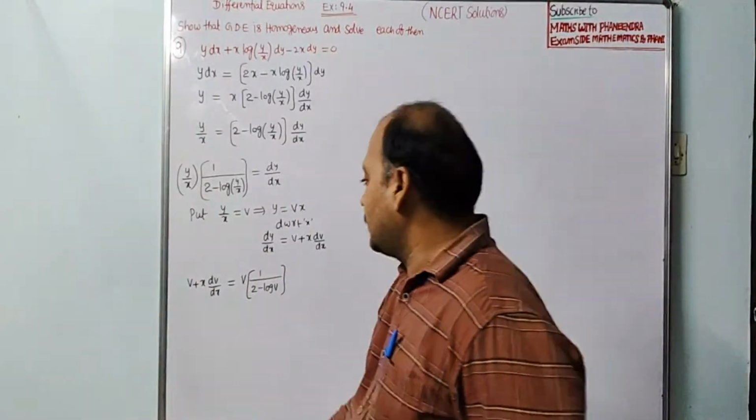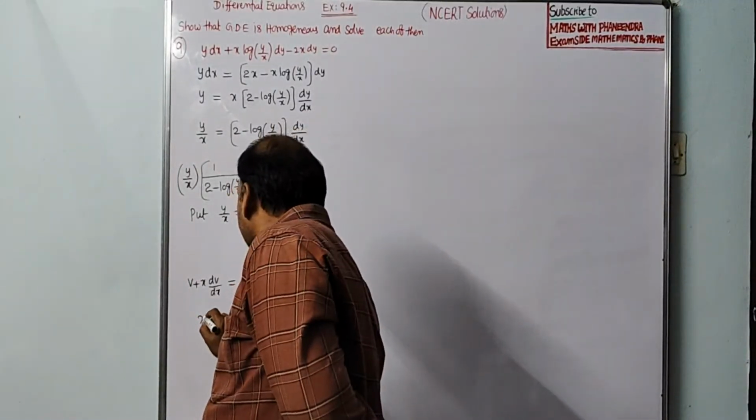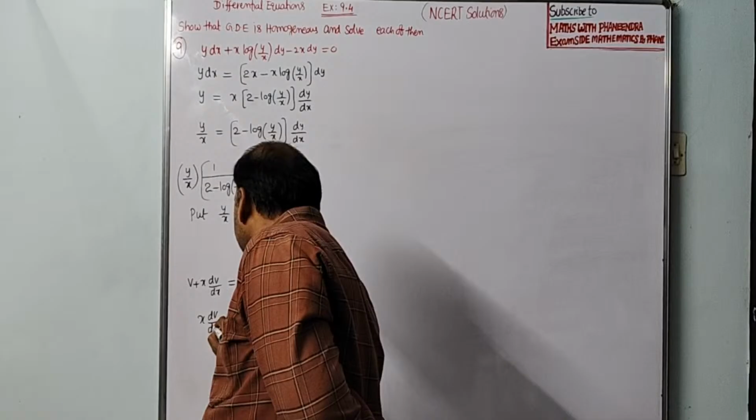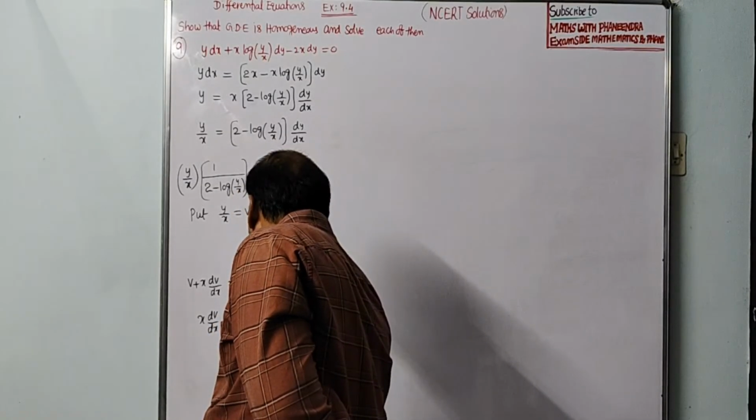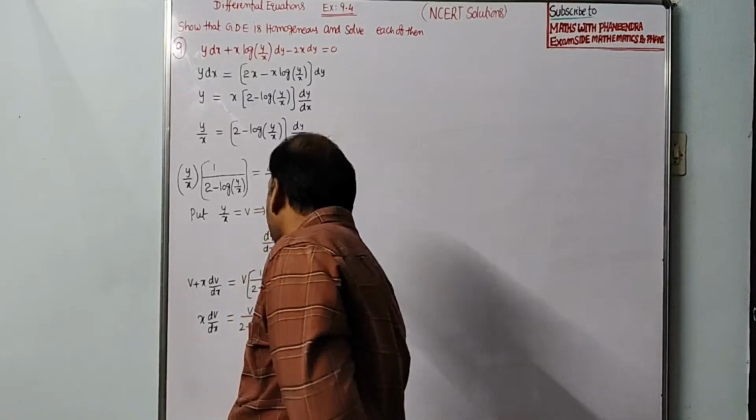Okay, dear students, we bring this side. x into dv by dx is equal to v by 2 minus log v minus v by 1.